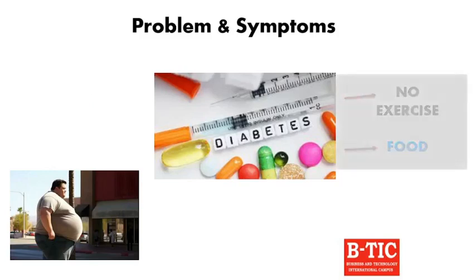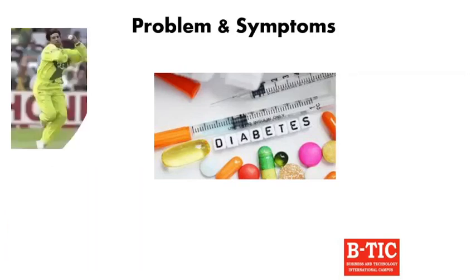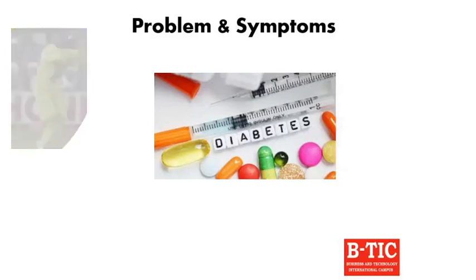Meanwhile, Wasim Akram's problem is not the exercise, it is the food and the stress he has when he's playing for international games. Now, when you understand these two cases, you would see diabetes is the same problem for both of them, but they both have a different set of factors influencing the diabetes.